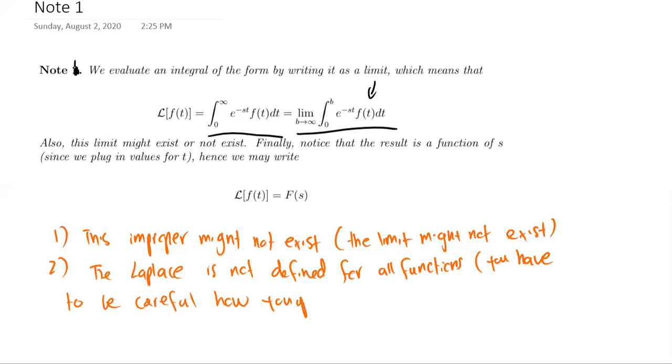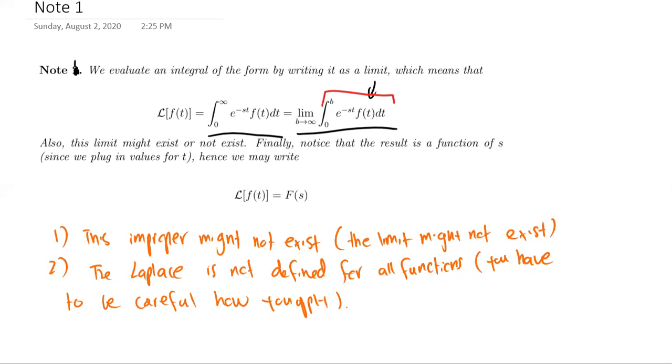And then the last thing I want to note is, look at this integral. Let's suppose that this integral actually converges, that this limit actually equals something. Let's see what's going on. Notice that the integral is with respect to t. So when we evaluate this part here, we plug in 0 and b, and we get an expression that only involves s and b, because we're plugging in b for t.